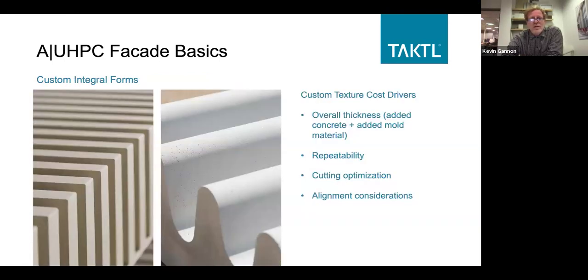We do at times make custom cast forms. The image on the left is ribs and a cast corner. We made 1,200 of these that went into a curtain wall project.